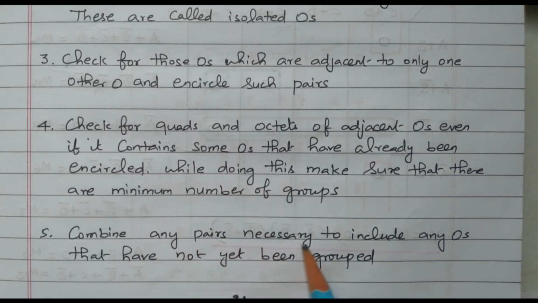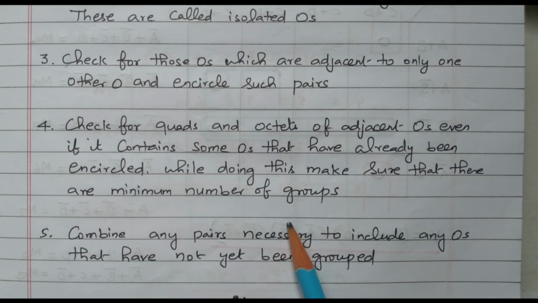Combine any pair necessary to include any zeros that have not yet been grouped. After grouping these 8 zeros, 4 zeros or 2 zeros, if any zero is still not covered, we have to cover that zero. So that finally all zeros should be covered, either in 8, 4, 2 or 1, right?